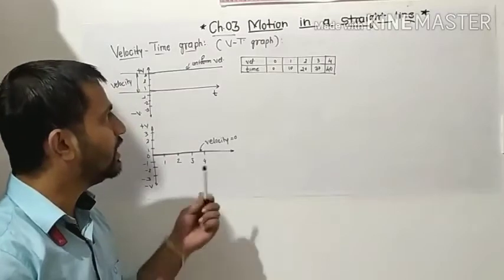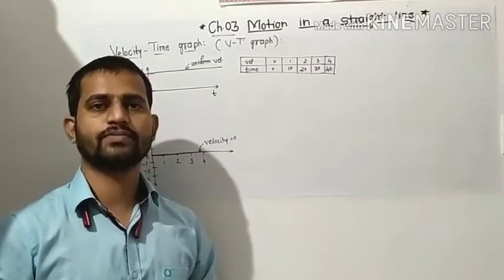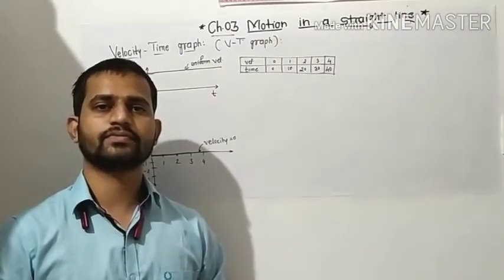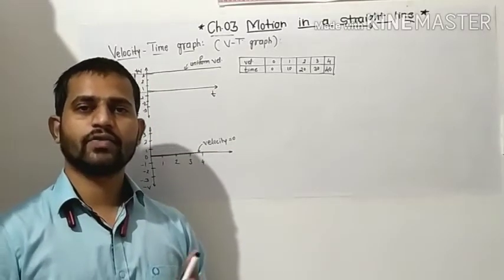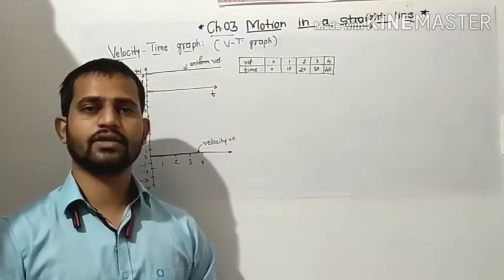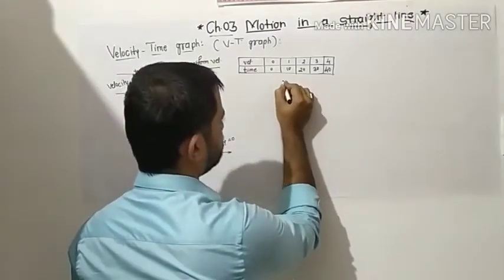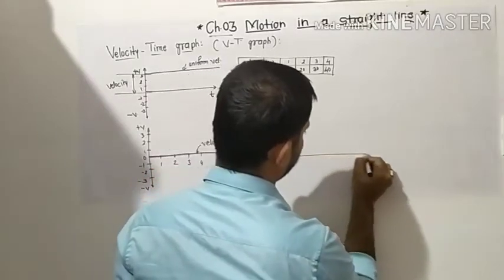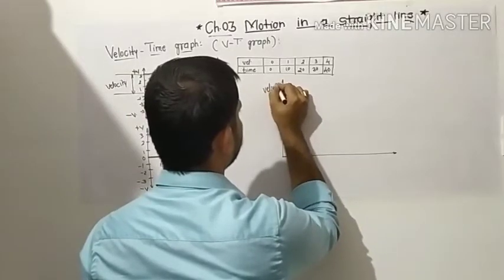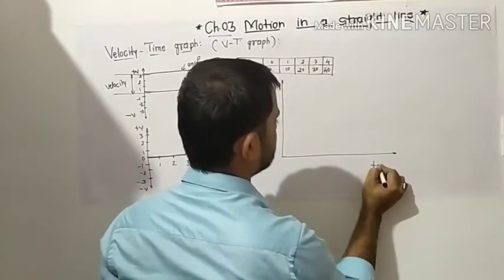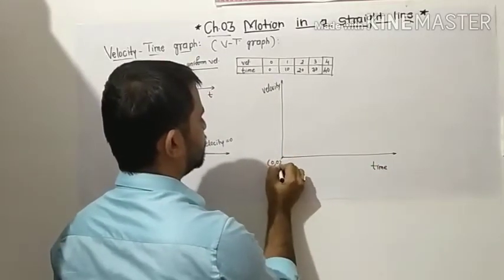If we have to represent these values on the VT graph, we draw one Cartesian system in which the velocity will be along the y-axis and the time will be along the x-axis. This is the velocity, this is the time, and this is the origin.